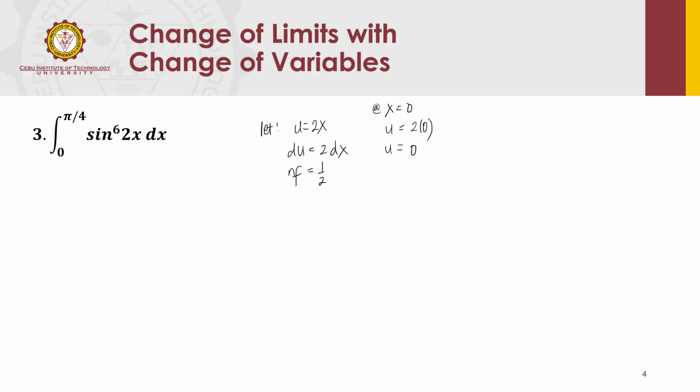Well, for the upper limit, if we multiply that by 2, it becomes pi over 2. So it's 1/2 of the integral of sine of u raised to the power of 6 du from 0 to pi over 2.